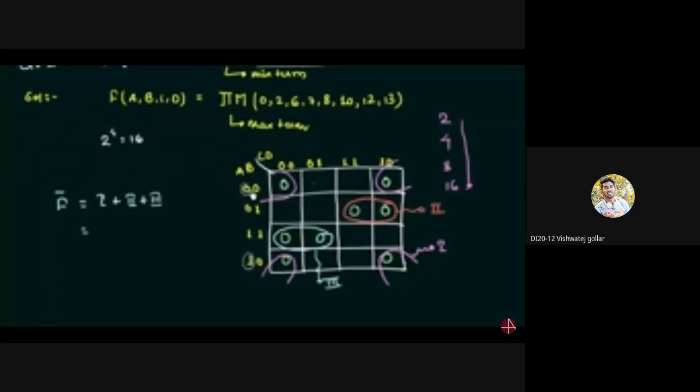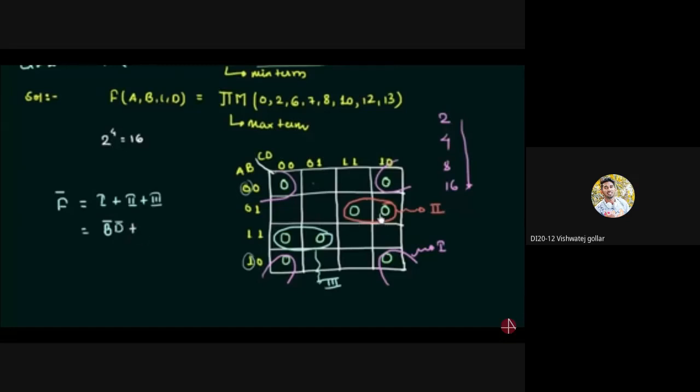Okay, so for the first group of zeros, let's see, A is changing from 1 to 0, so this should not be included. B is 0 and it's not changing, so we'll write B complement. Let's see for C and D. C is changing from 0 to 1, but D is not changing and it's 0, so we'll write D complement.